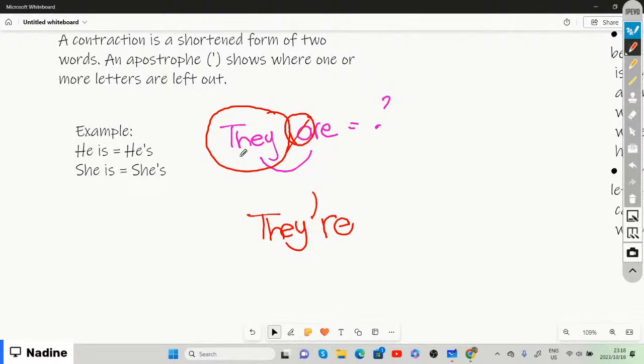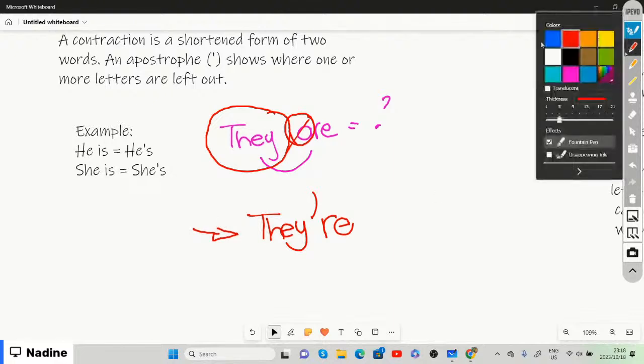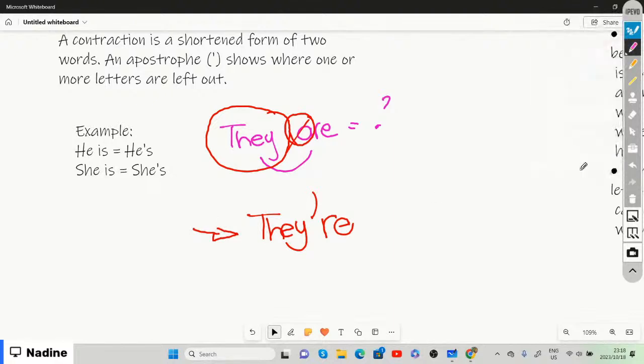The same with, if you look at that word, remember, we only left out the A in are. But now, if they are is written like this, how are we going to write the contraction of we are?